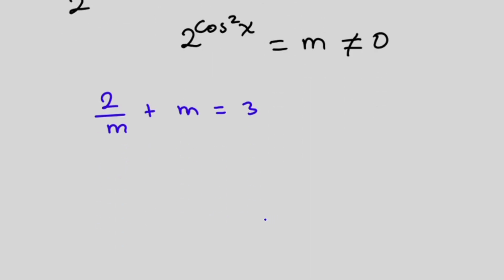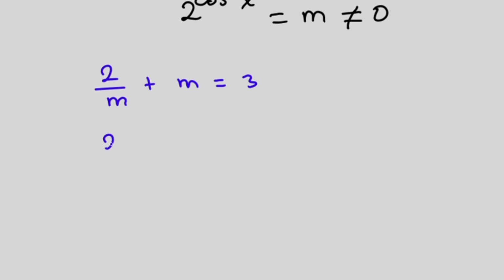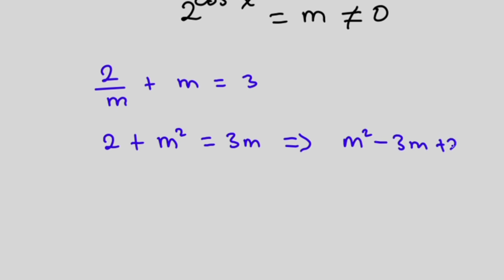If we multiply through by m, we're going to have 2 plus m to the second power is equal to 3m. And this is also the same as m squared minus 3m plus 2 is equal to 0.